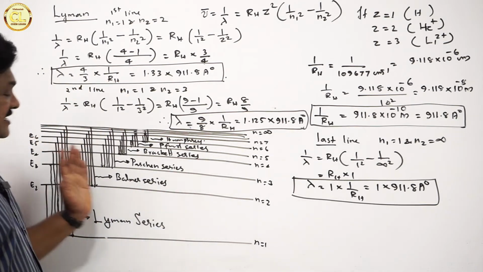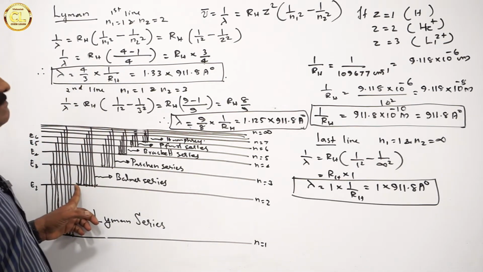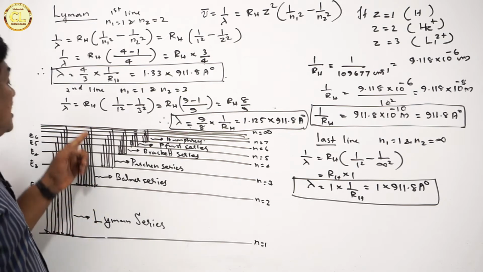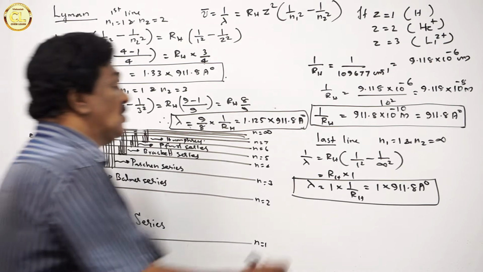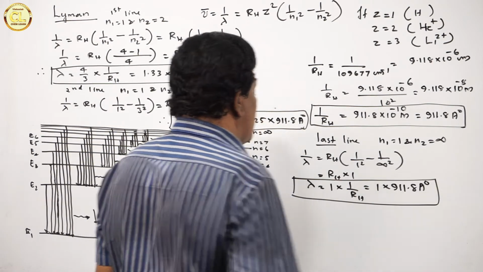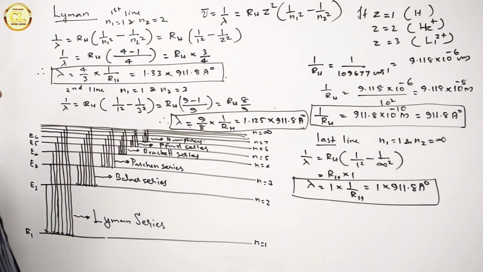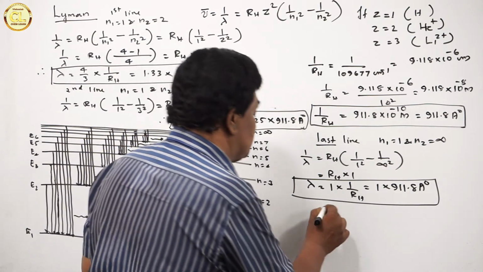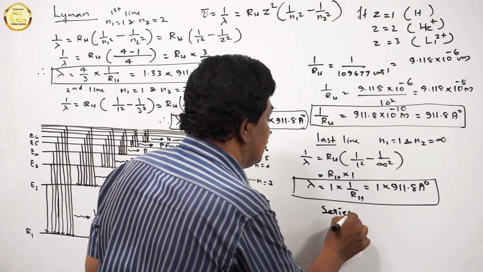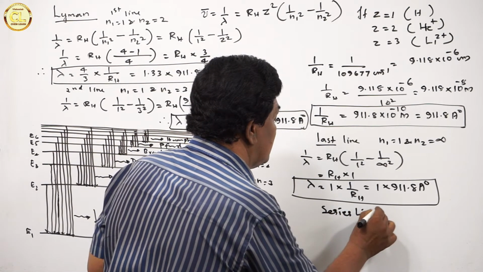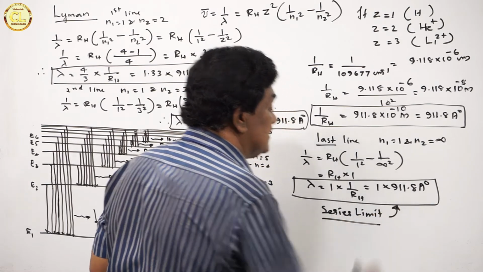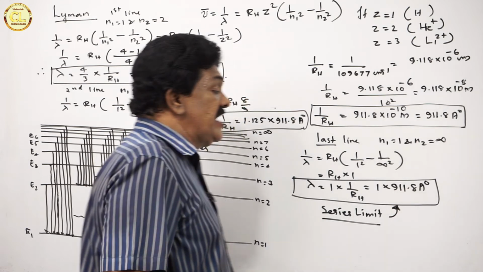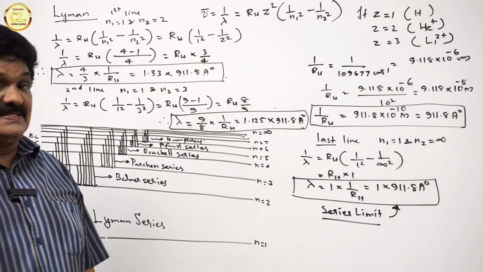For every series the first line has maximum wavelength and the last line has minimum wavelength. So the wavelength of the last line in a given series is called the series limit. For the Lyman series, the series limit value is 1 into 911.8 angstrom units.